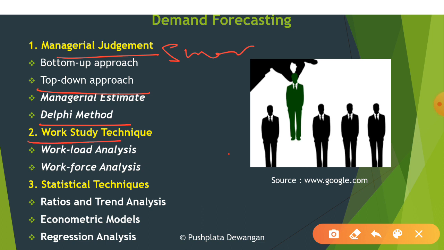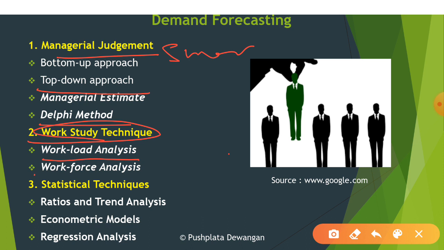Next is the work study technique. The work study technique can be applied when the work measurement, that is, how long the operation should take and the amount of labor required, are known. Under this, the first technique is the workload analysis. In workload analysis, the manpower planning experts need to find out sales forecast and work schedule, and thus determine the manpower required per unit of product.